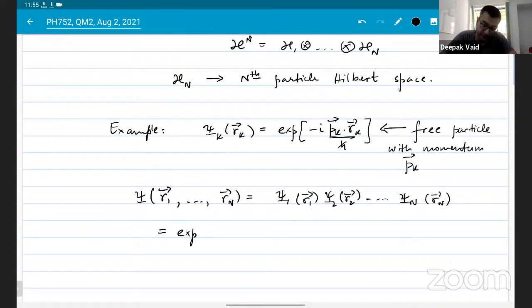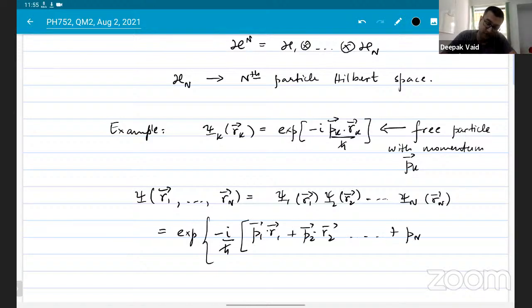I'll get an exponential, and now all of the exponents will just add. So I can put everything in the exponent like this, right? So here I'll get P1 dot R1 plus P2 dot R2 plus up to Pn dot Rn. This is my n particle state.